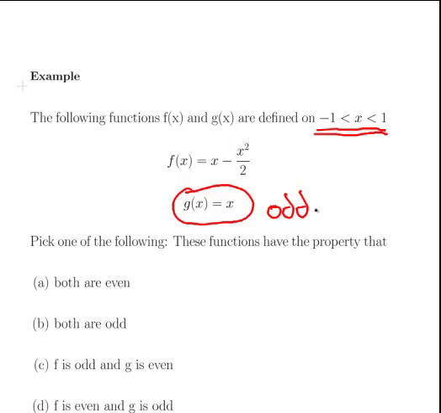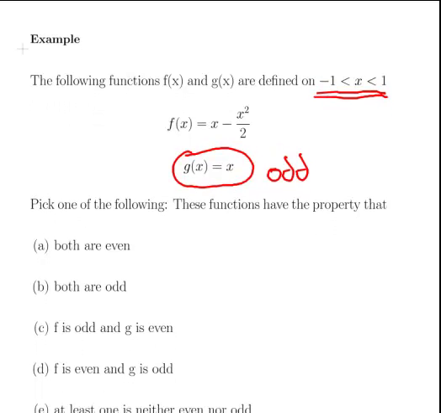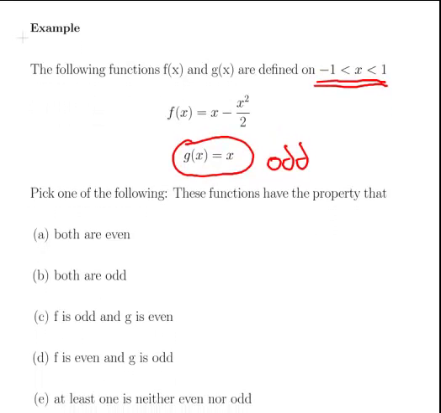Let's look at some of our options here. Both are even: we can automatically discount that. f is odd and g is even: we can discount that. Some of the other ones are potential. f is even and g is odd: that might be the case.